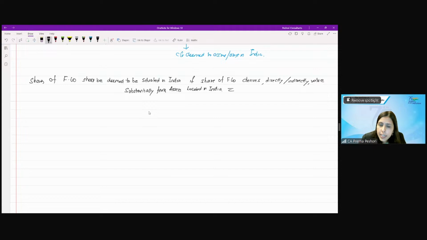And if that be the case, the capital gain shall be deemed to accrue or arise in India.